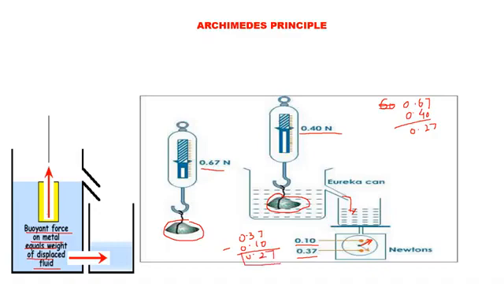Here we can see that the weight of the liquid equals the buoyant force applied on this stone, because due to the buoyant force there is a change in weight, an apparent loss in weight. So this is how we can calculate the buoyant force with the help of Archimedes principle.